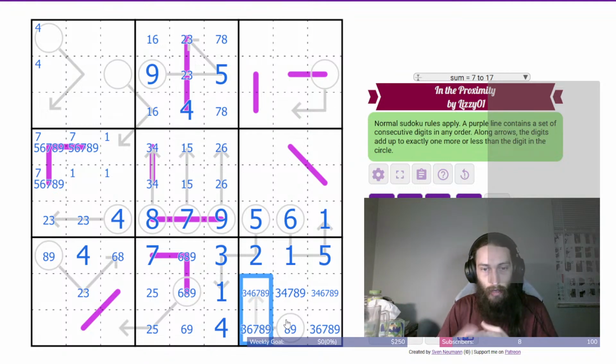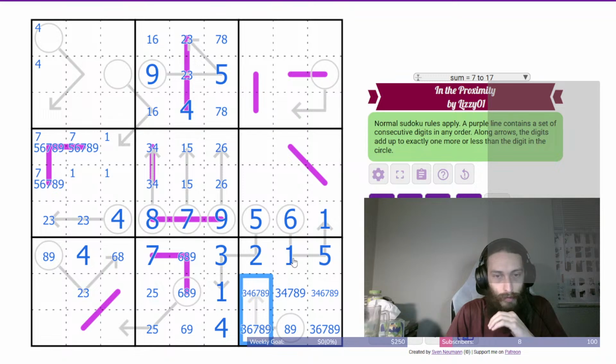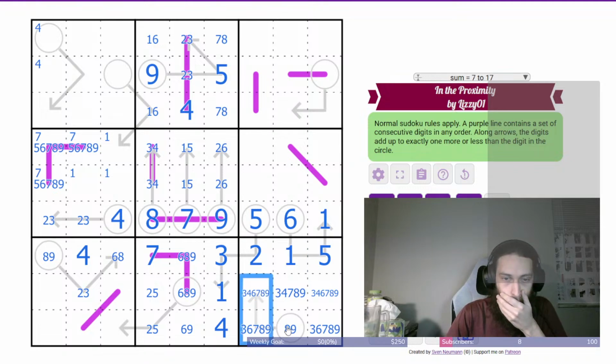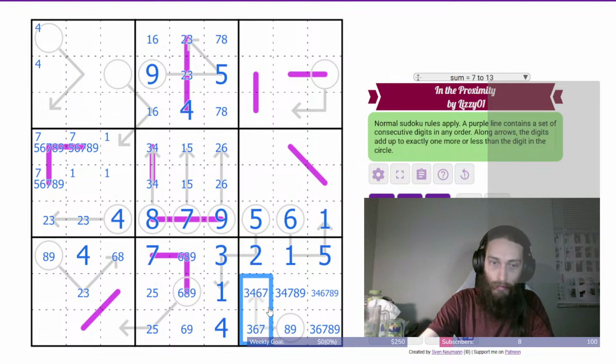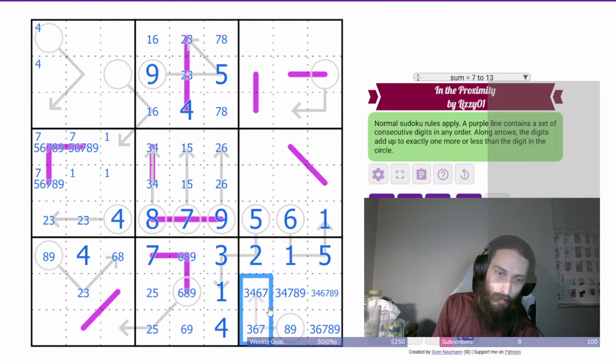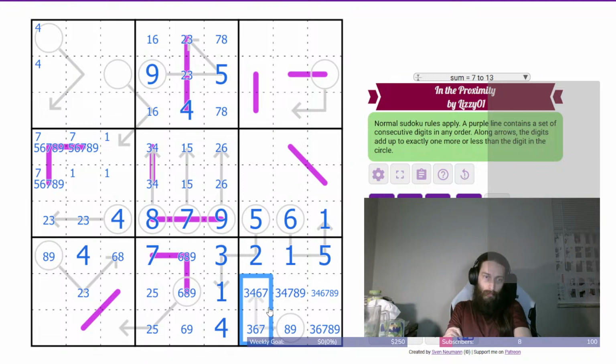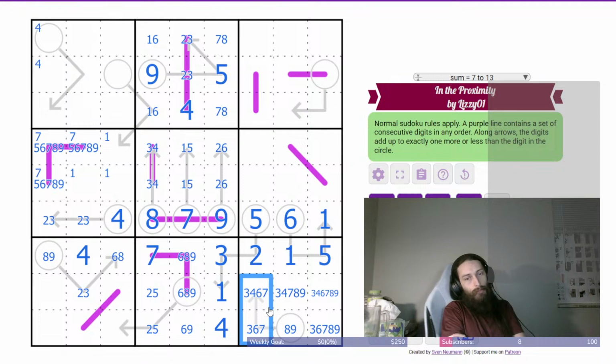And if I can't make 8, because I can't do 1 7, 2 6, or 3 5, then you can't have 8 or 9 on the arrow, because 8 would pair with 3 to make 11, which is too much already. You could do 3 7 for 10, which would allow for a 9 on the circle.